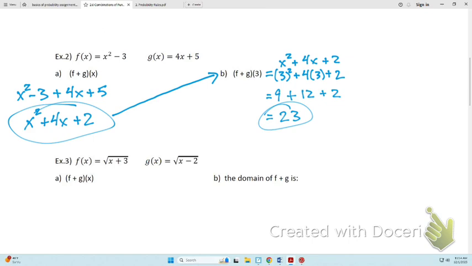For this next one, it is a little bit tricky. We still combine the two functions by adding like terms. So you write function f, plus sign, function g, and there is actually no work to be done. These are unlike terms. Cannot combine.